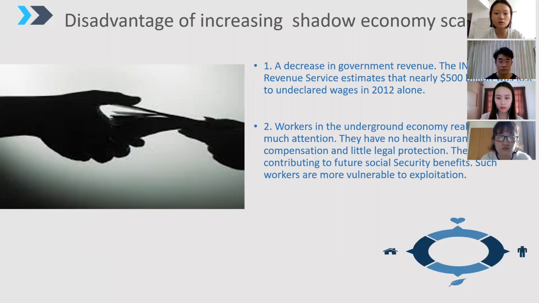The second disadvantage is for the workers, because workers in the underground economy don't get much attention. They don't have health insurance or workers' compensation, they get only a little legal protection, and they do not contribute to future social security benefits. So the workers will be more vulnerable to exploitation.